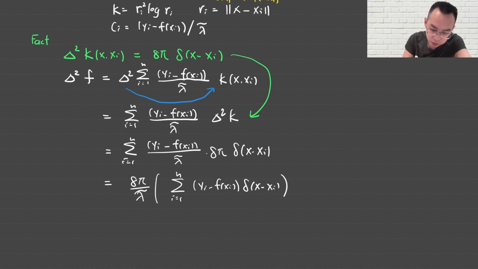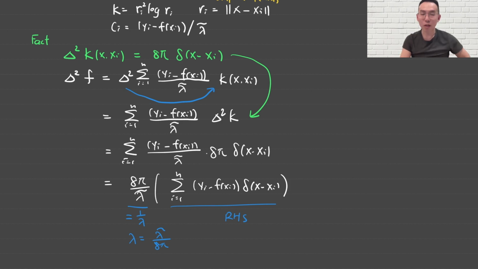Okay, that's going to be the right-hand side, which means this here equals 1 over lambda, right? So which means our lambda equals lambda tilde over a pi, right? So that's going to be scaled by a constant. Okay, so that checks out.